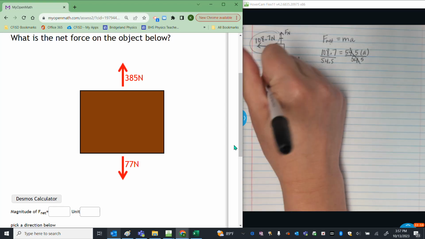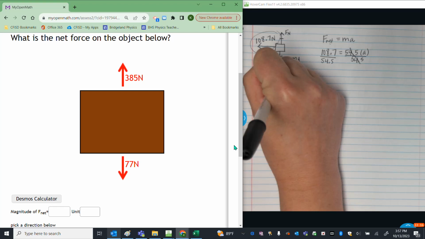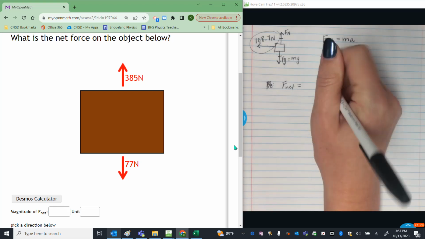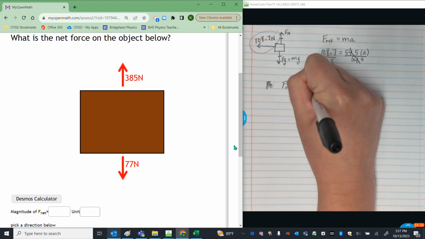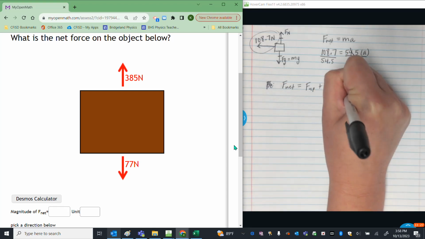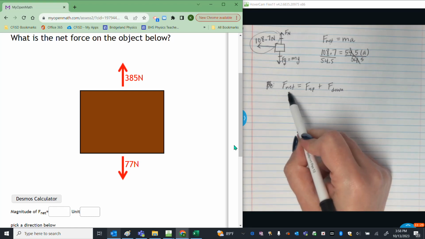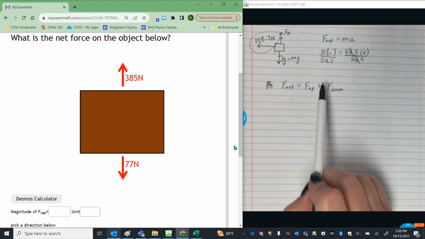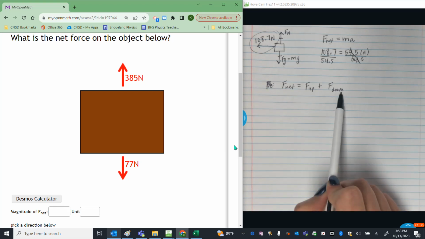So my net force, F net, equals any of those forces that are going upward in this case, plus any of the forces going down. That's how I'm going to solve for my net force, at least vertically. Of course, if I had horizontal forces, I would be adding forces to the left plus forces to the right. I don't have that here.